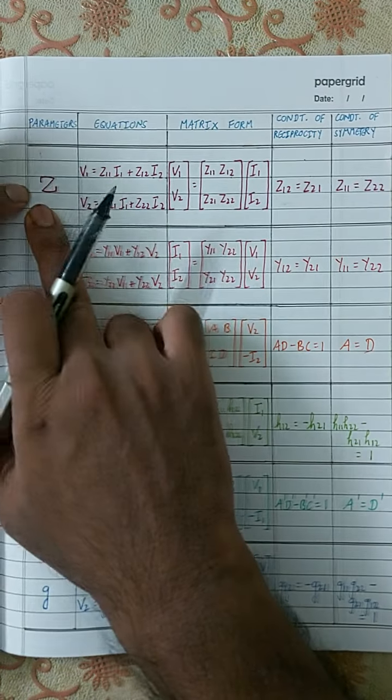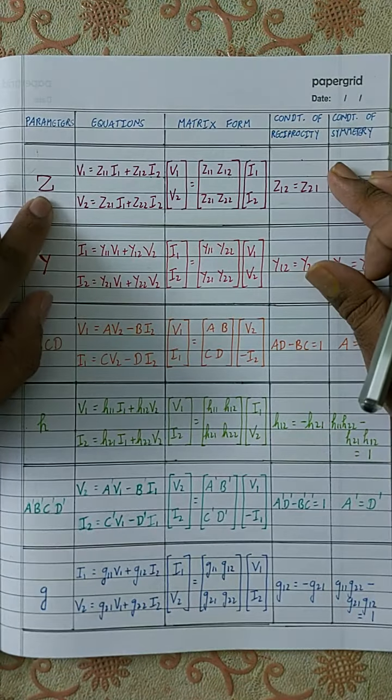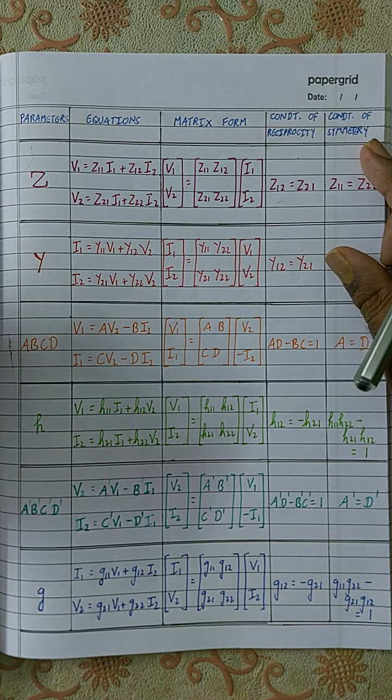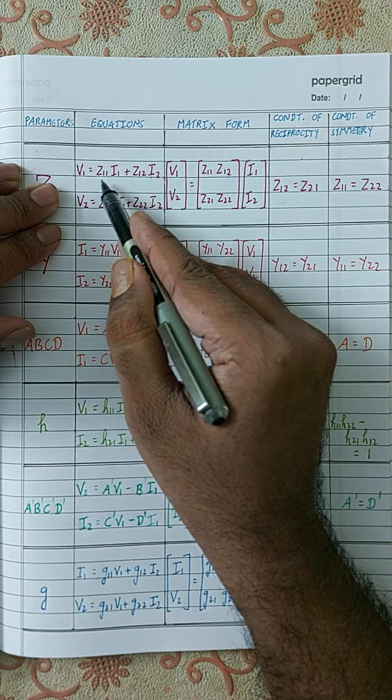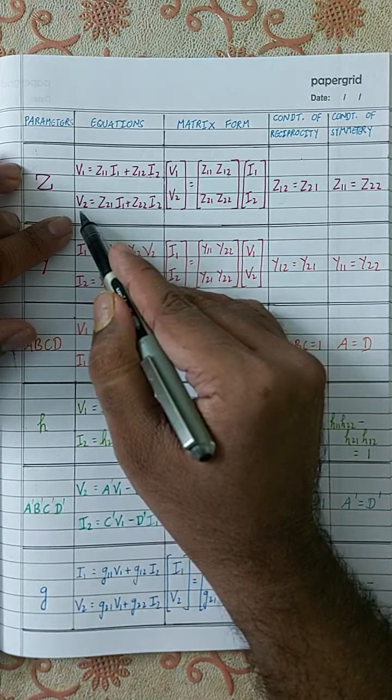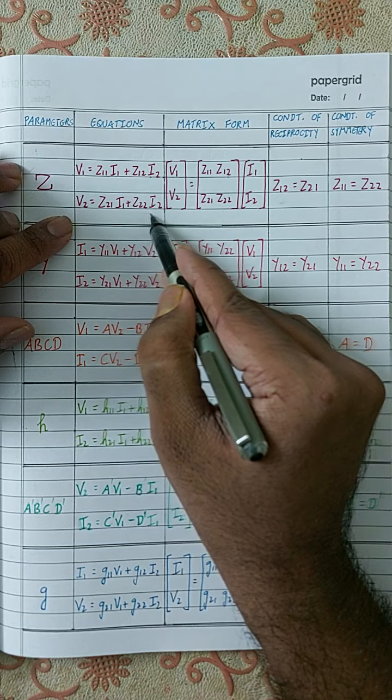So let's look at the Z parameter. We all know what the meaning of Z parameter is, right? Z parameter means we are expressing V1 and V2 in terms of I1 and I2. Therefore we have V1 = Z11 I1 + Z12 I2 and V2 = Z21 I1 + Z22 I2.